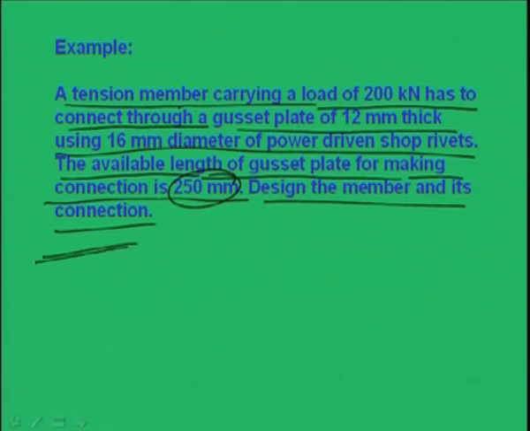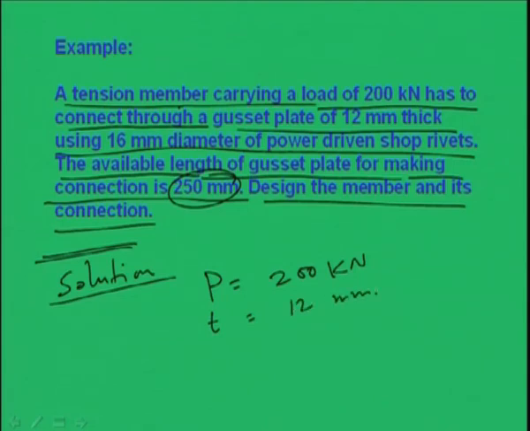So, when we go for the solution, we have to see what things are given. First is the tensile force P, which is 200 kilonewton, and second is the thickness of the gusset plate, which is given as 12 mm, and the rivet diameter is 16 mm power driven shop rivets.